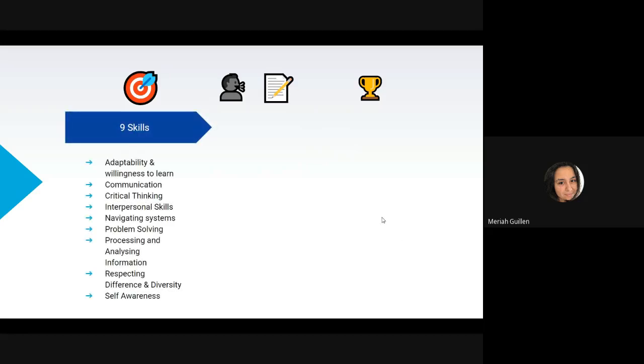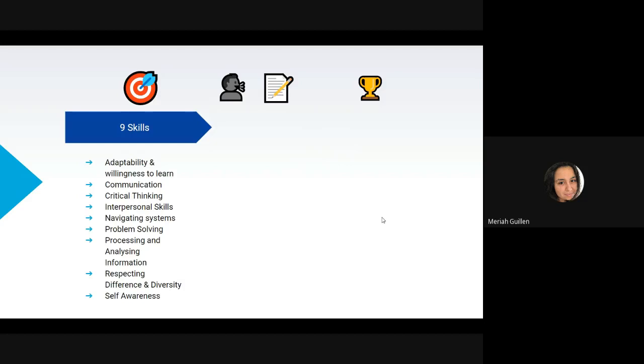It focuses on 9 skills: adaptability and willingness to learn, communication, critical thinking, interpersonal skills, navigating systems, problem solving, processing and analyzing information, respecting differences and diversity, and self-awareness.